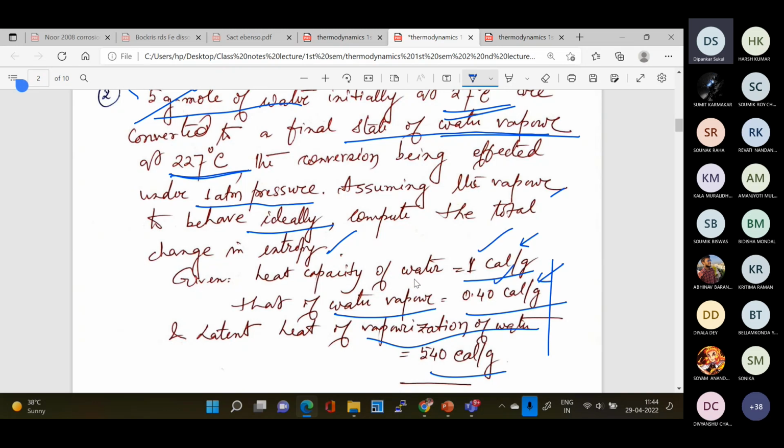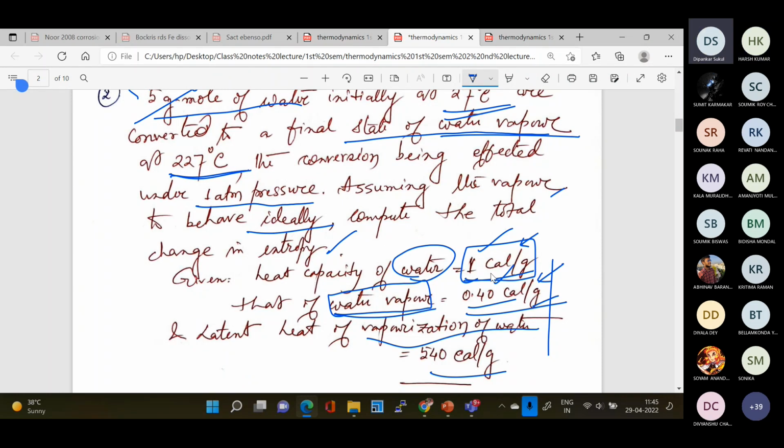Why is the heat capacity of water vapor less than half? Any idea? Sir, I think because the water molecules are closely located, so to increase their temperature it is difficult as there is more intermolecular interaction.